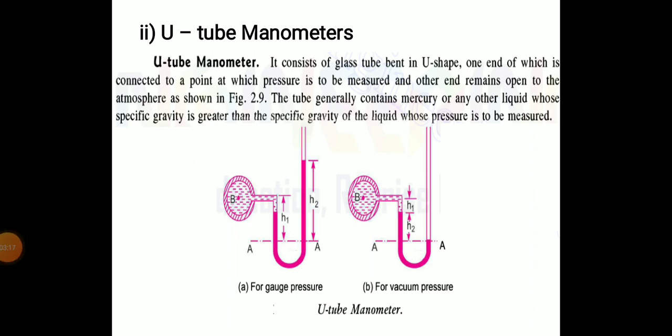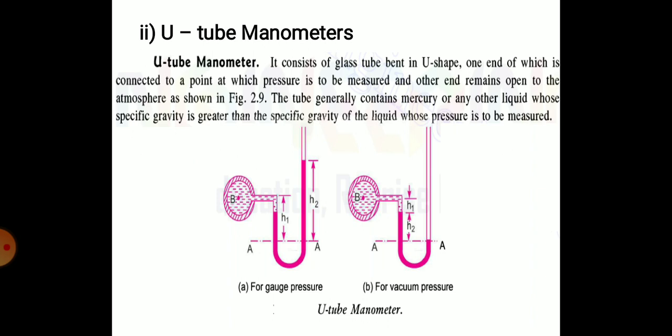First, for gauge pressure, let point B is the point at which pressure is to be measured, whose value is P. Now, as shown in figure, the datum line is AA. Let H1 is height of light liquid above the datum line and H2 is height of heavy liquid above the datum line.